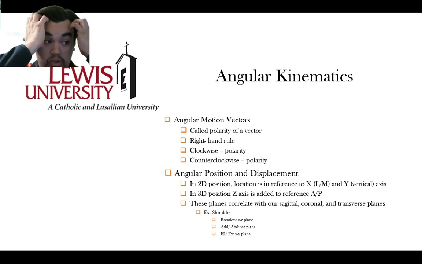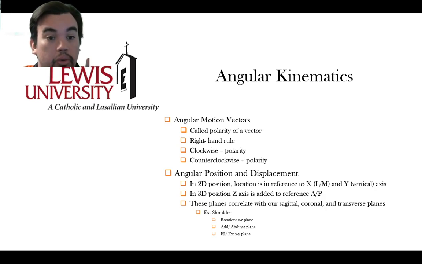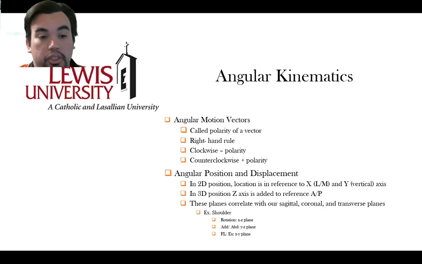And what is that? So in 2D position, typically you're looking at the picture. This is kind of like we did a second ago with the still frame of my wife doing the squat. It's a 2D position. We don't have any z-axis, so with no anterior, posterior, we have front and back, up and down, so x and y axes. The x-axis would typically be lateral and medial movement, and the y-axis is your up and down.